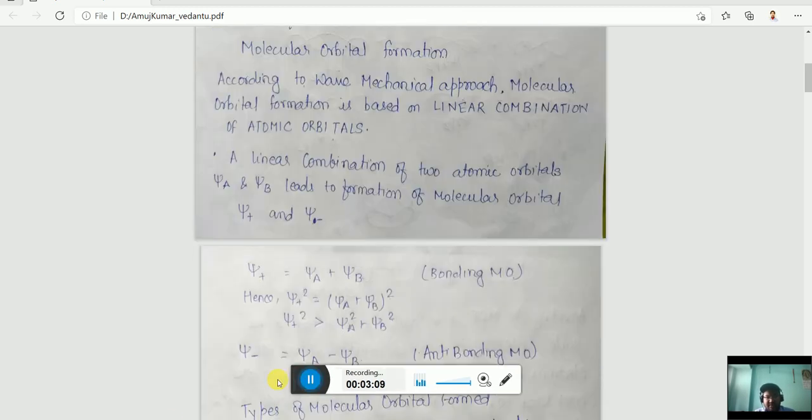Here is a linear combination of two atomic orbitals represented by psi A and psi B, where psi A and psi B are the amplitudes of the electron waves of the atomic orbitals. On adding these electron waves, they form the bonding molecular orbital, or we can say constructive interference type, which is represented by psi plus.